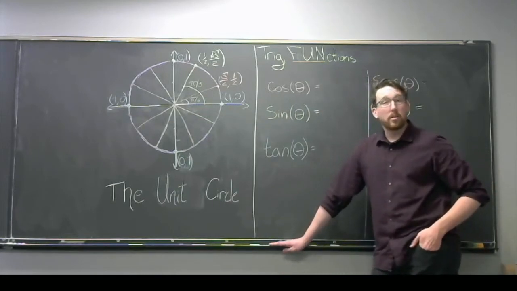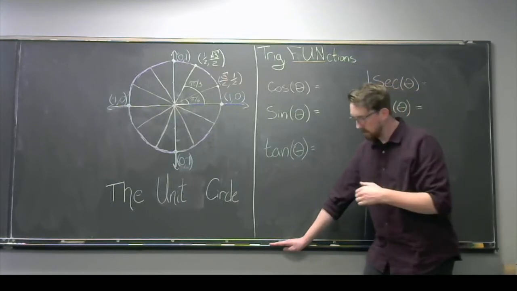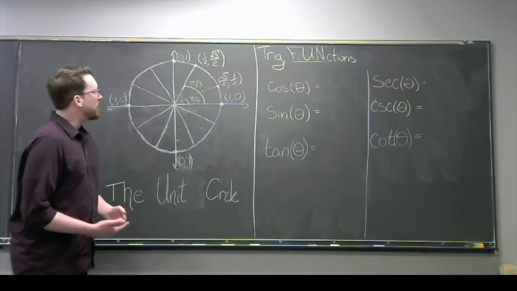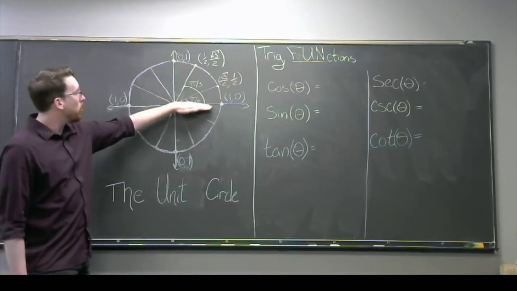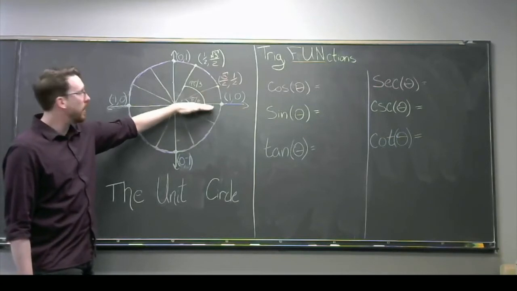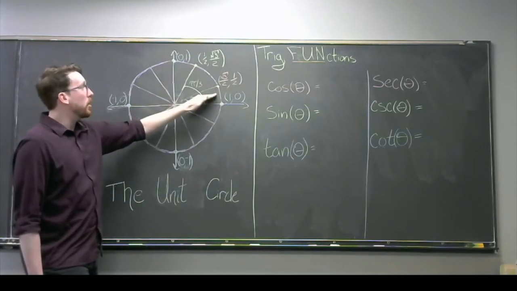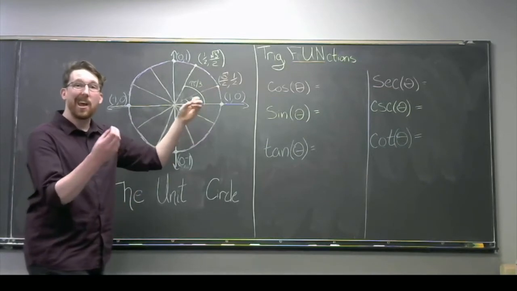Okay, what does that mean? Tell it to me in English. What I'm saying is that the unit circle tells us how measuring an angle from the positive x-axis up relates to the xy values of the points that lie at the edge of the circle.